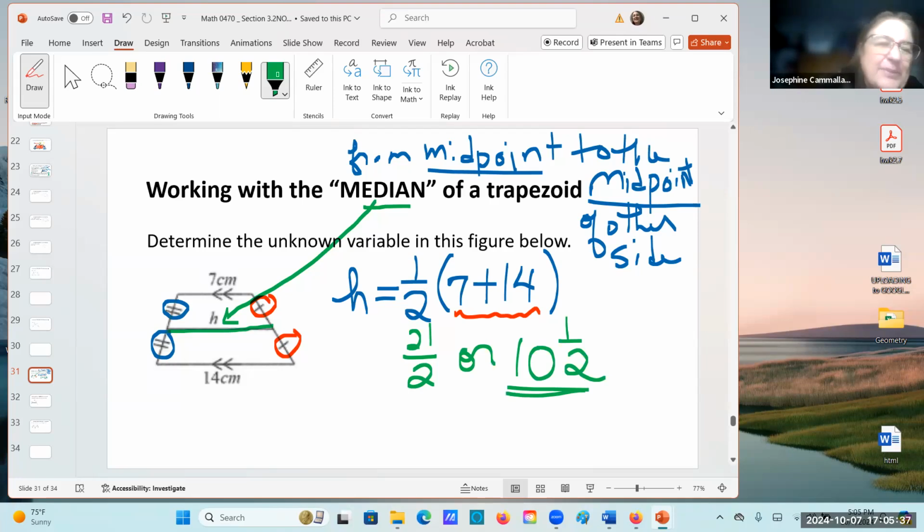And something to look at. This is 7. This is 14. This number better be between 7 and 14. Does it have to be exactly equal? No. Because of this formula. Can it be exactly equal? Yep. But that's the median.